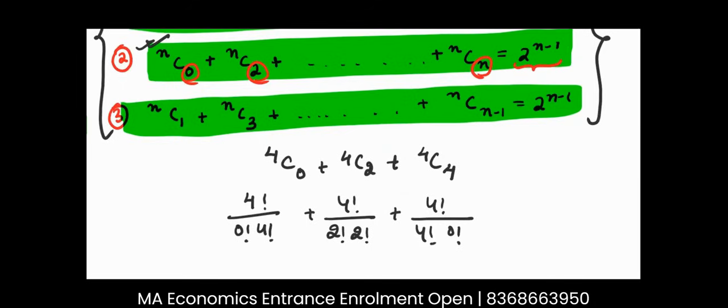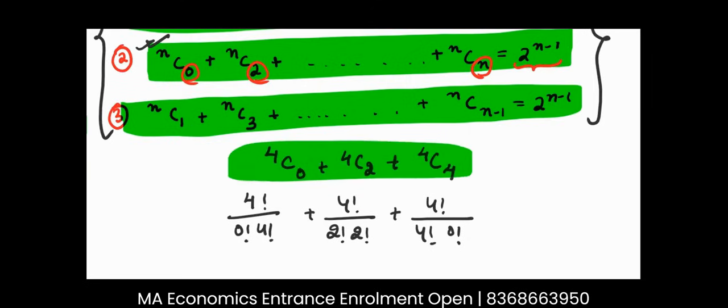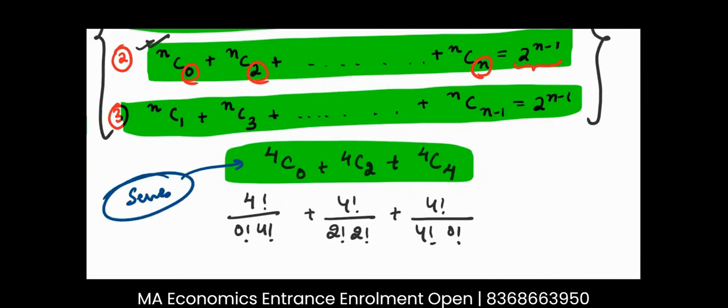I won't do that. I will simply say that I am taking the sum of all the even ones and adding them together. It forms a series, and the sum of such a series is 2 to the power n minus 1, because I'm only taking even terms.